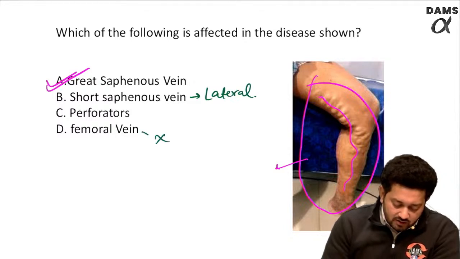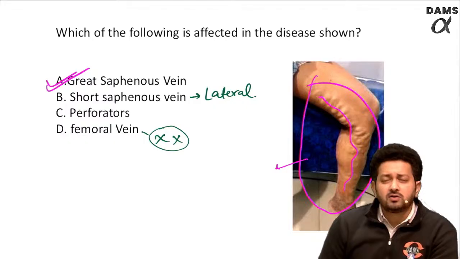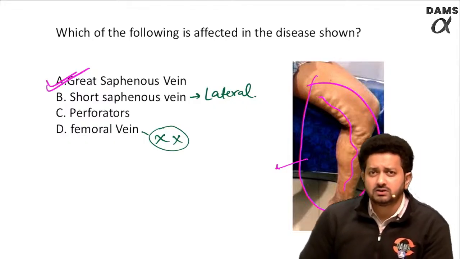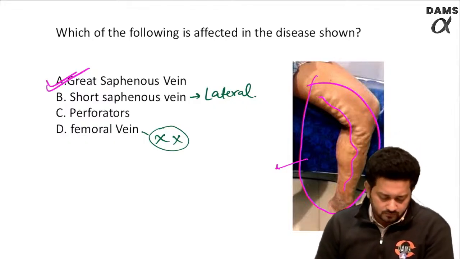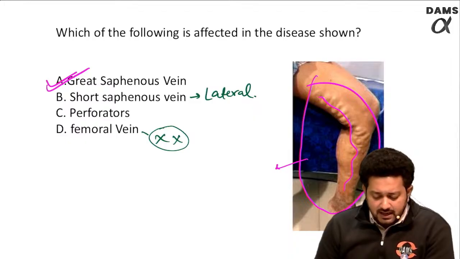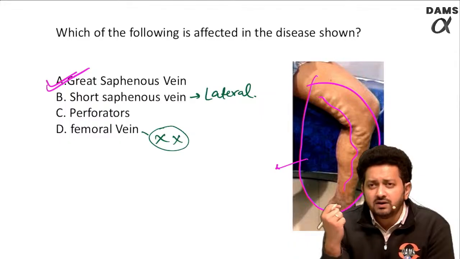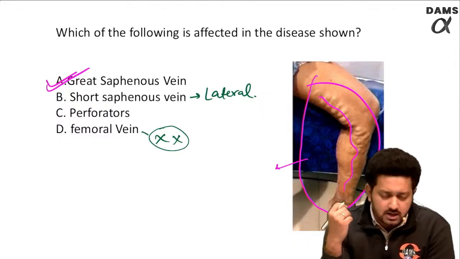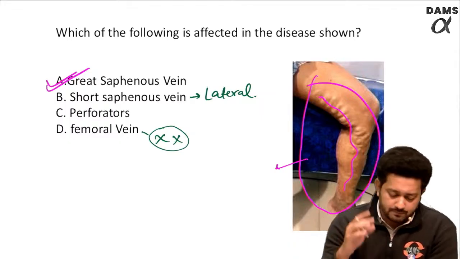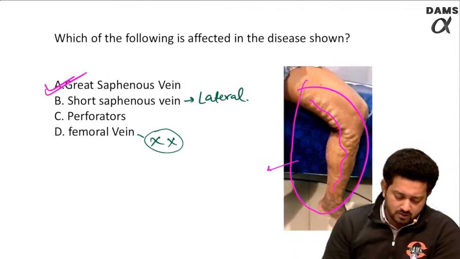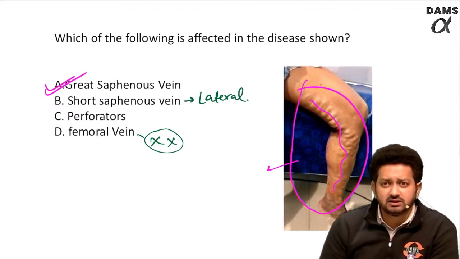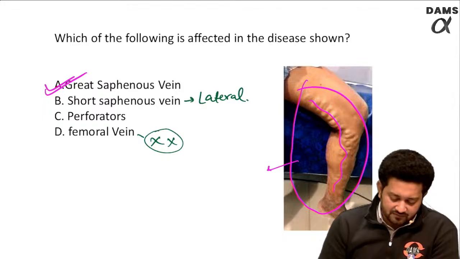Femoral vein, you will not see varicosity, as the femoral vein is a deep system. Perforators can give small varicosities at the ankle and the lower leg below knee level. So this is very straightforward: great saphenous vein.